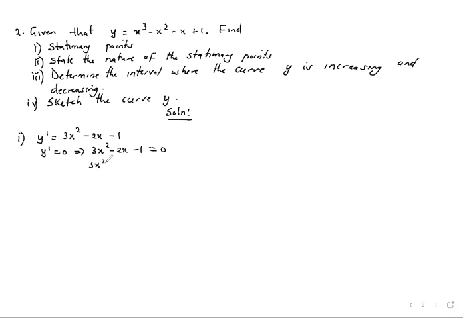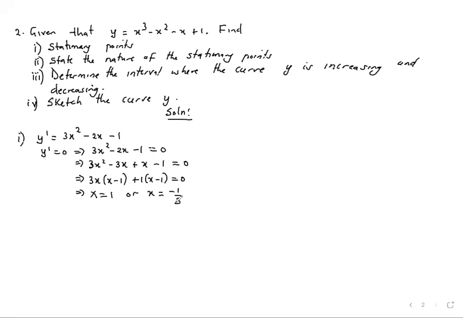So you have 3x squared minus 3x plus x minus 1 is equal to 0. So we get 3x(x minus 1) plus 1(x minus 1) is 0. So you get x is equal to 1 or x is equal to -1/3.